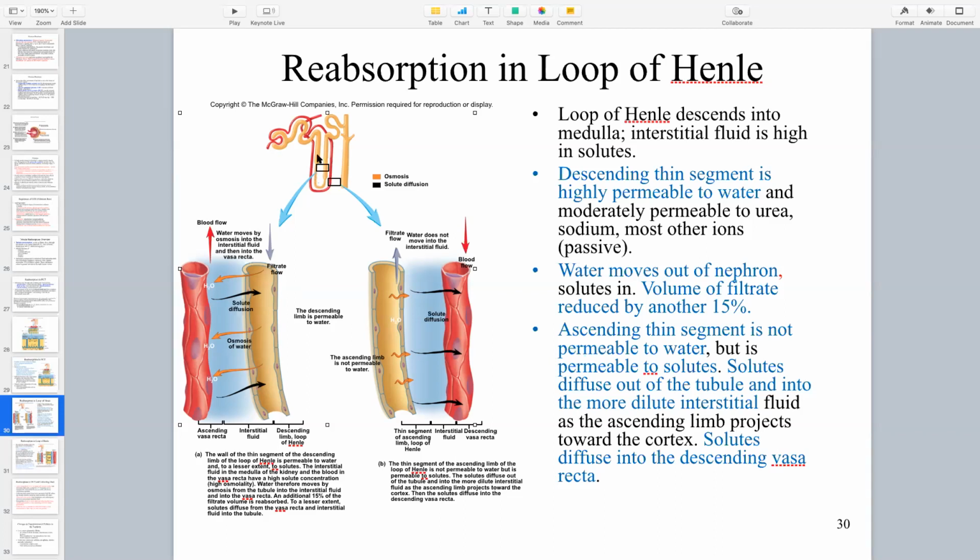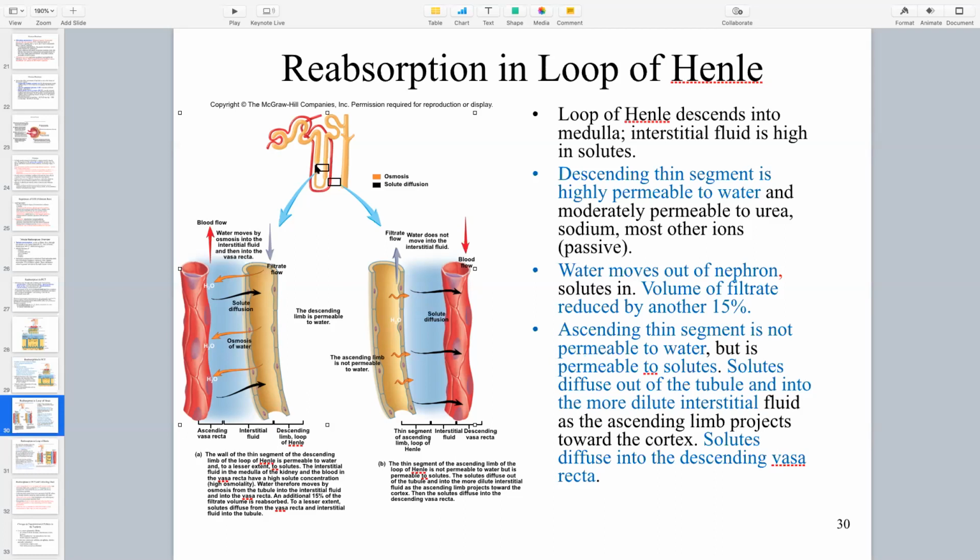So what we're going to see is this. On the descending limb, as filtrate moves through, only water moves out of the descending limb. Keep in mind though, water moves out, but it's going to move out for a reason. What happens if you lose water in any fluid? That filtrate becomes more and more concentrated, right?